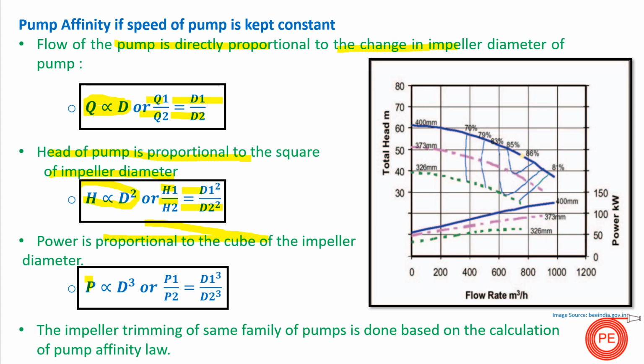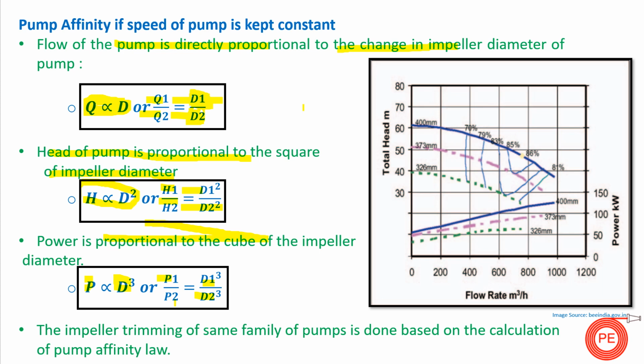So P1 by P2 is equal to D1 cube by D2 cube. Hence the formulas are the same, but in place of RPM we have the diameters. In the previous slide it was N1 by N2, and here it is D1 by D2.